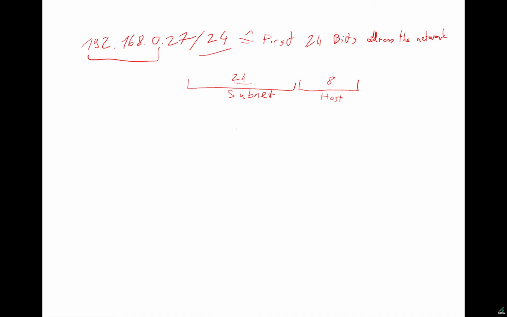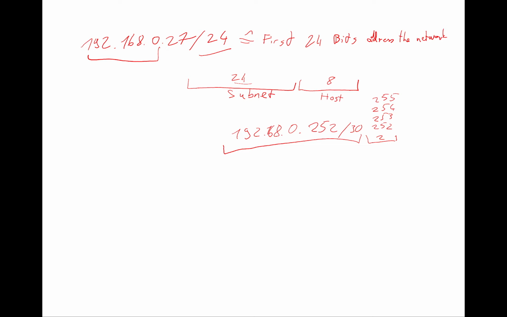So we could also have an address such as 192.168.0.252/30, so that we have 30 bits identifying the network, and we have 2 bits addressing the host, and the host can be 252, 253, 254, and 255.